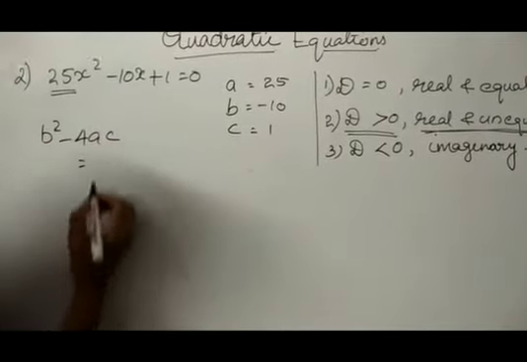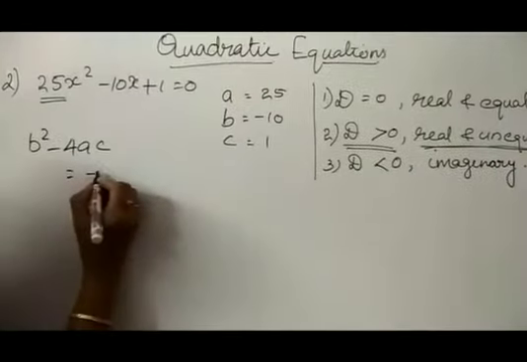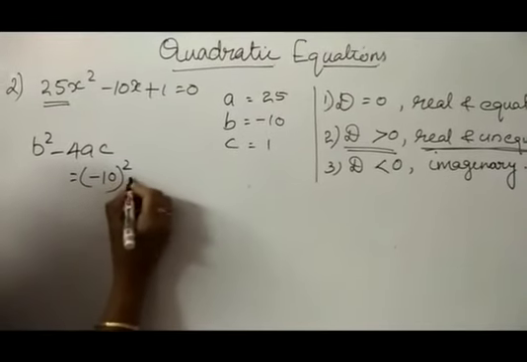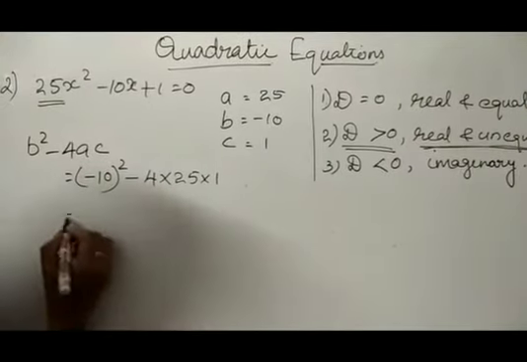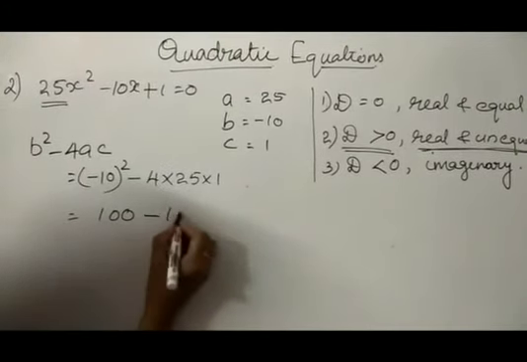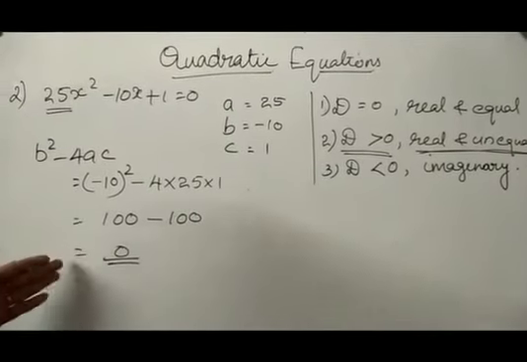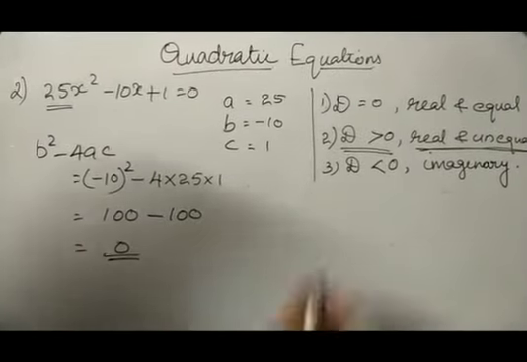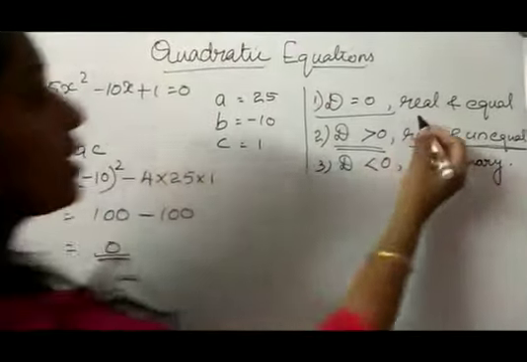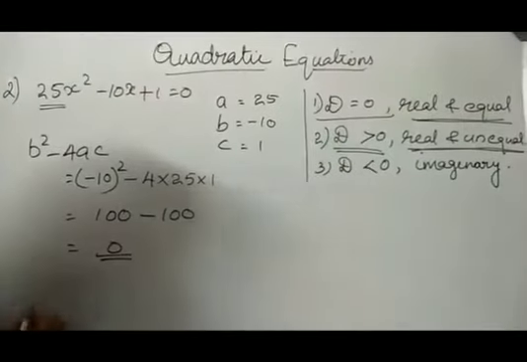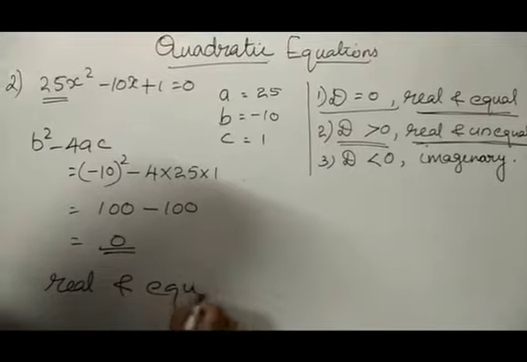You will get minus 10 the whole square minus 4 into 25 into 1. So that is 100 minus 100, it's equal to 0. So you're getting the discriminant as 0. When the discriminant is 0, the nature of the roots of the equation is real and equal. So in this case, the roots are real and equal.